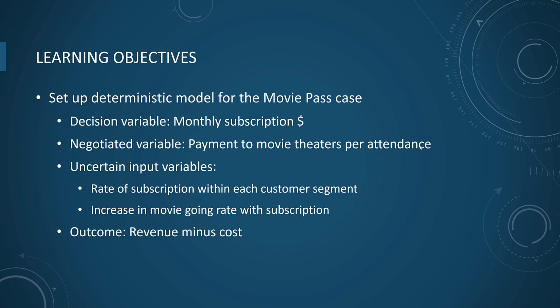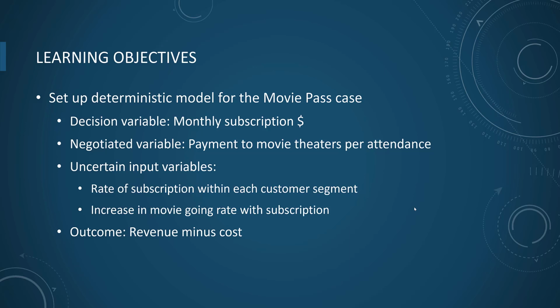Movie theaters will accept this if MoviePass pays, say, $8 or $9 per coupon. Now there are some uncertain variables. Customers can be segmented into those who watch a lot of movies, those who watch very few, and everybody in between, and each group will have different incentives for buying the movie pass.